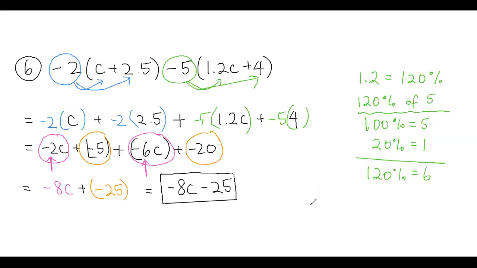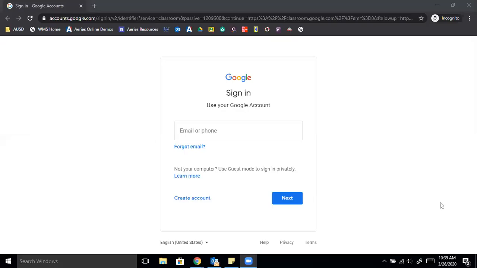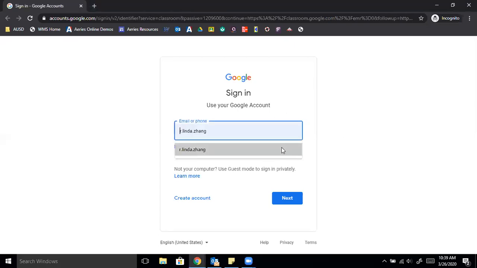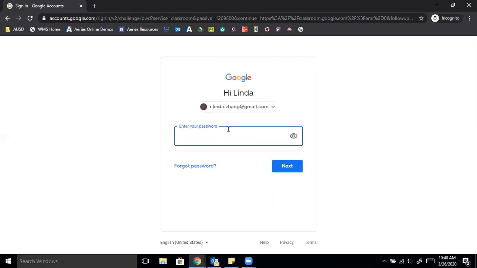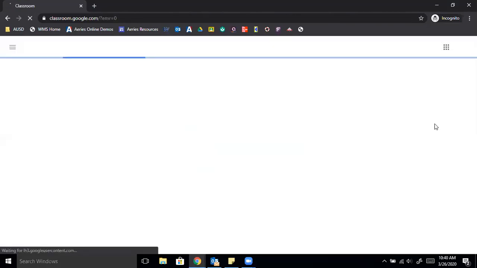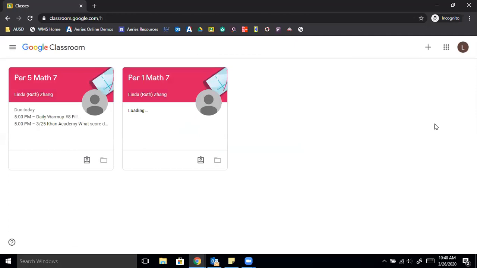I'm gonna pause this for a second. So when you do your Khan Academy assignments, please make sure that you are signed into your school account. Because if you are not signed into your school account, you will lose all the progress and all the work that you have done.